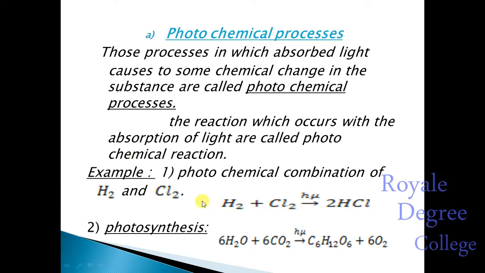In the presence of light, when hydrogen and chlorine react with one another, we get 2 moles of hydrochloric acid. Another example of a photochemical process is photosynthesis. Here, in the presence of light, 6 moles of water react with 6 moles of carbon dioxide and we get glucose along with 6 moles of oxygen.